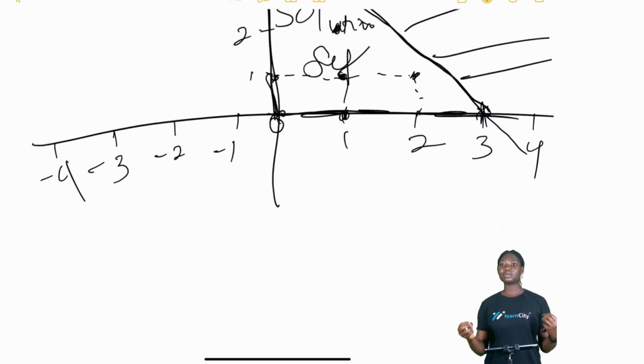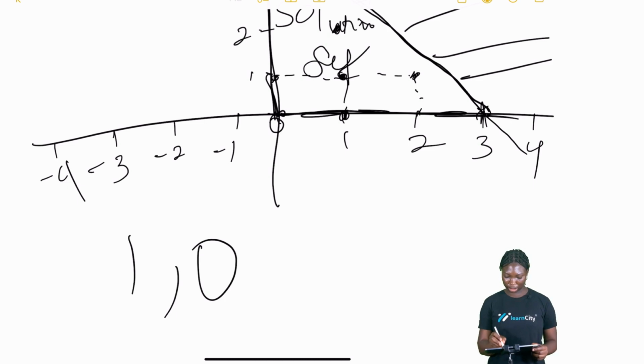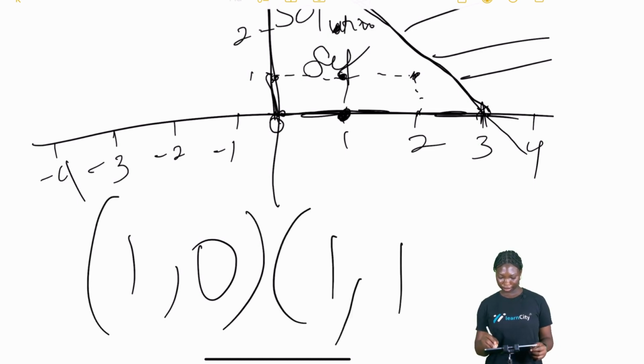So for the solution set, which is shown by this mark, we can have the points (1, 0), which is x and y here, which is this point. We can have (1, 1), which is here. We can have (1, 2), where x is 1 and y is 2.